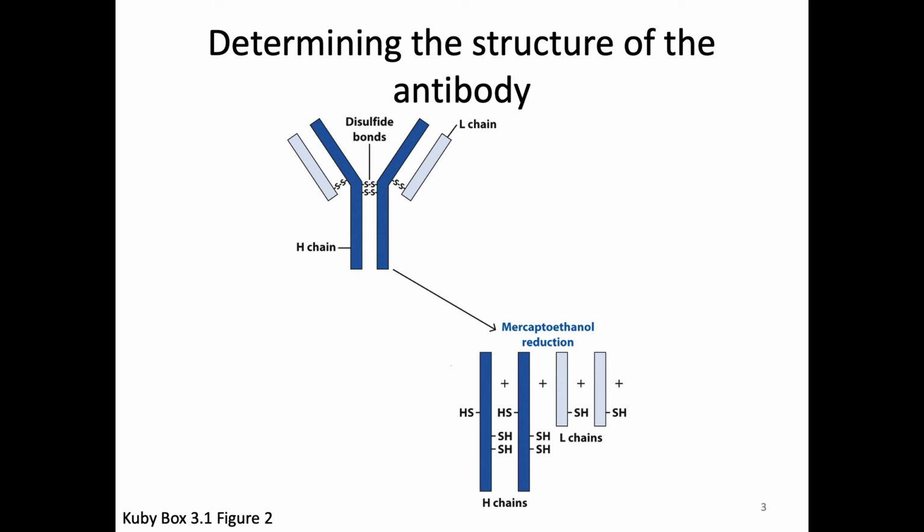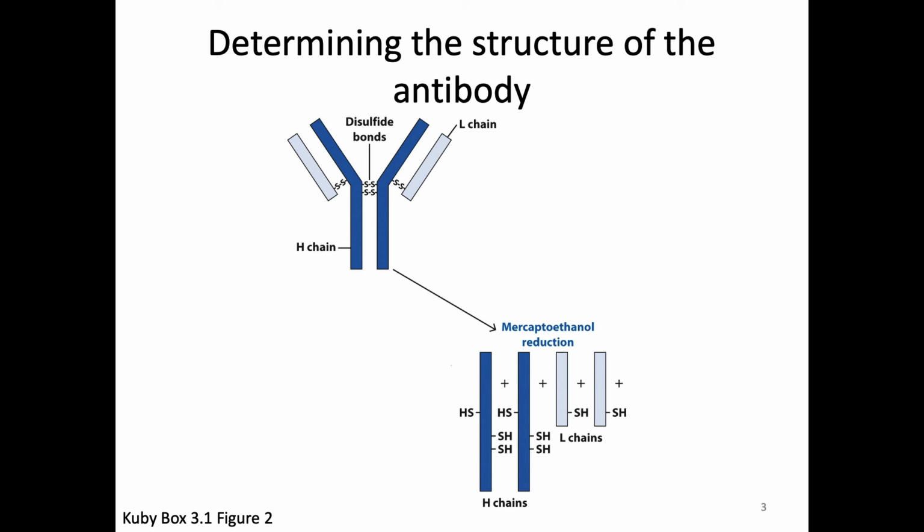Those 4 chains were basically 2 chains that were identical and big, and 2 that were identical and small. We called the 2 big ones the heavy chain, and the 2 small ones the light chain.